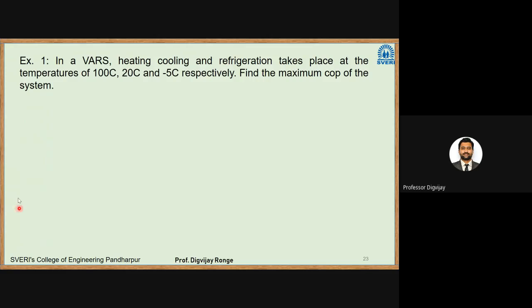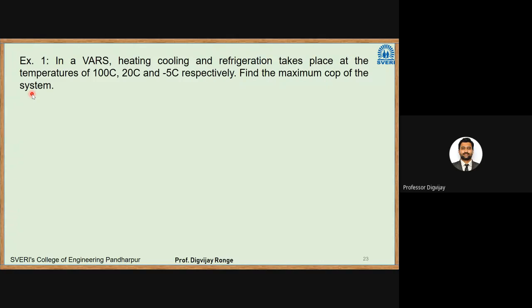The example is in front of you. In a VRS, vapor absorption refrigeration system, heating, cooling, and refrigeration take place at temperatures of 100 degrees Celsius, 20 degrees Celsius, and minus 5 degrees Celsius respectively. Find the maximum COP of the system.